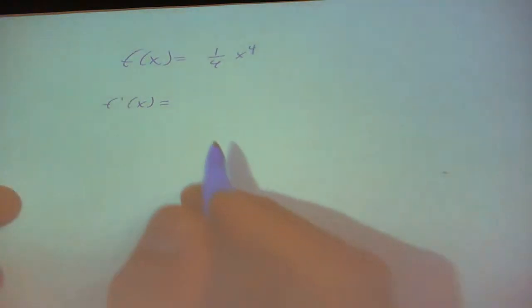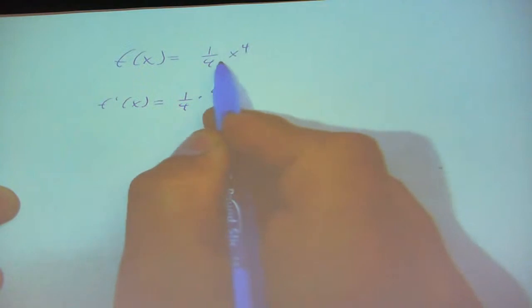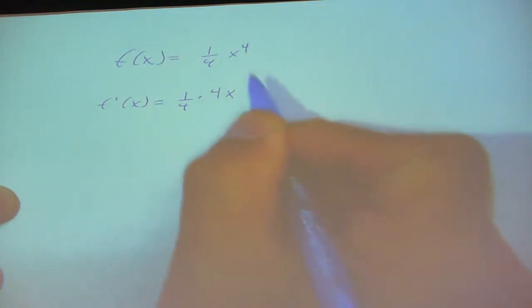Okay, the 1/4 stays in front. What's the derivative of x to the 4? The 4 goes in front, and then what do you do to the exponent? Subtract 1 and you get x cubed.